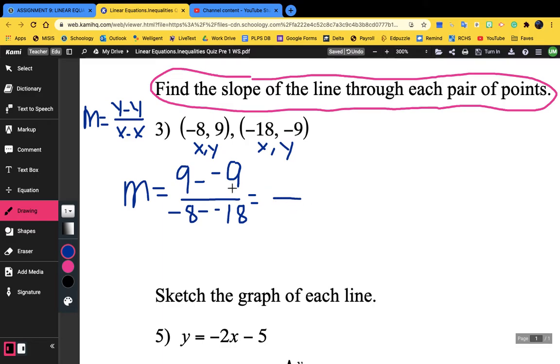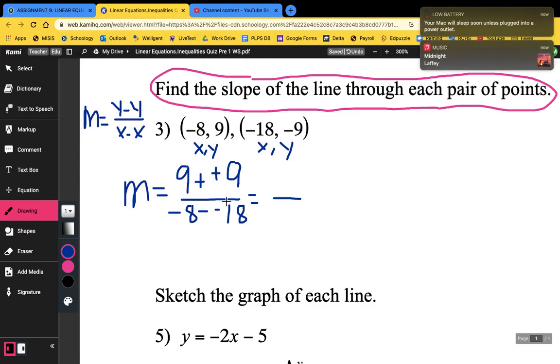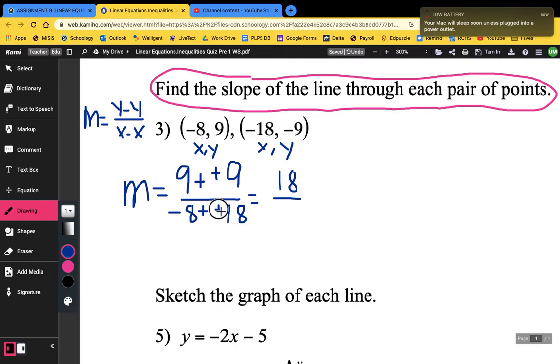Let's see what we get up top. Remember that minus minus, these two become plus plus, just like that, right? So 9 plus 9 is 18. Look at that. These two minus minus become plus plus. So I have a -18 and a -8 and a +18. So 18 minus 8 is 10.